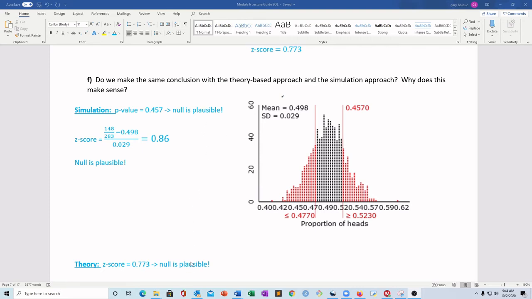It agrees. I also did a z-score so you could see what it looked like to pull the information directly from the simulation, and we got 0.86. It's not exactly what we got here, but they're pretty close, and they give the same idea: the null is plausible. We end up getting the same conclusion from both the simulation and the theory.